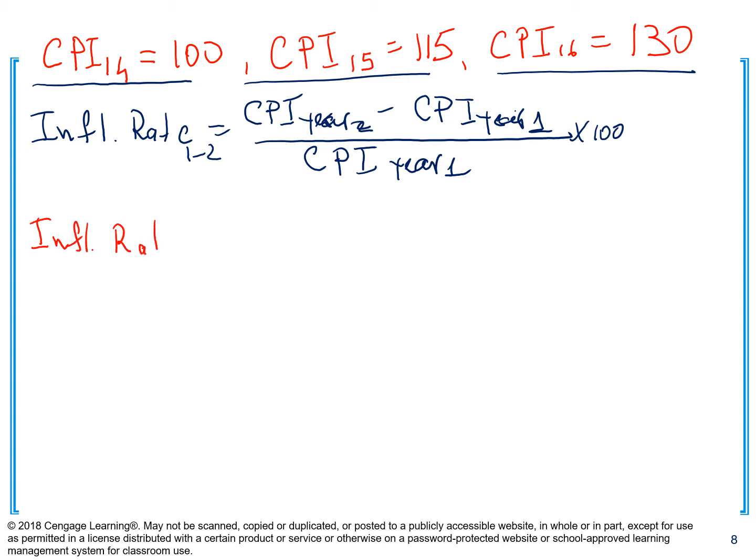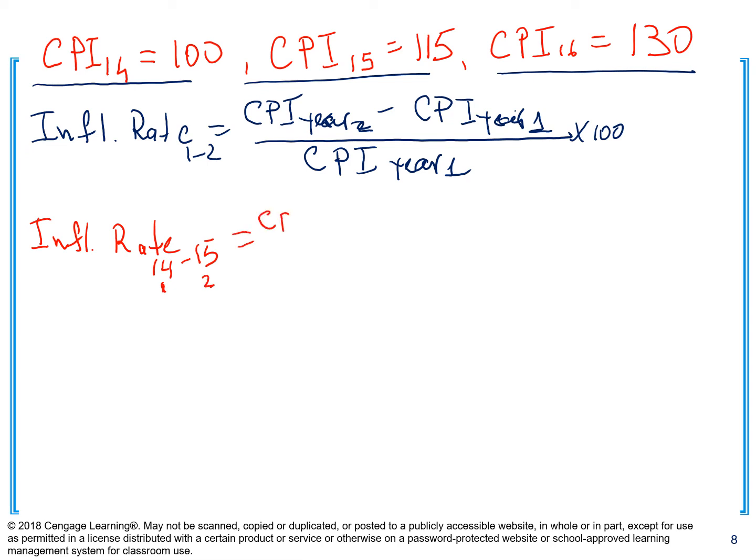So let's keep going. We're going to calculate the first inflation rate. Actually, can we calculate the inflation rate for year 2014, between 13 and 14? And the answer is no, because we don't have the information for year 2013. So therefore, we're going to calculate the inflation rate for year 2015, or if you want to write it, between 14 and 15. Remember, this is our year 1, this is our year 2. So I'm going to write down the formula first.